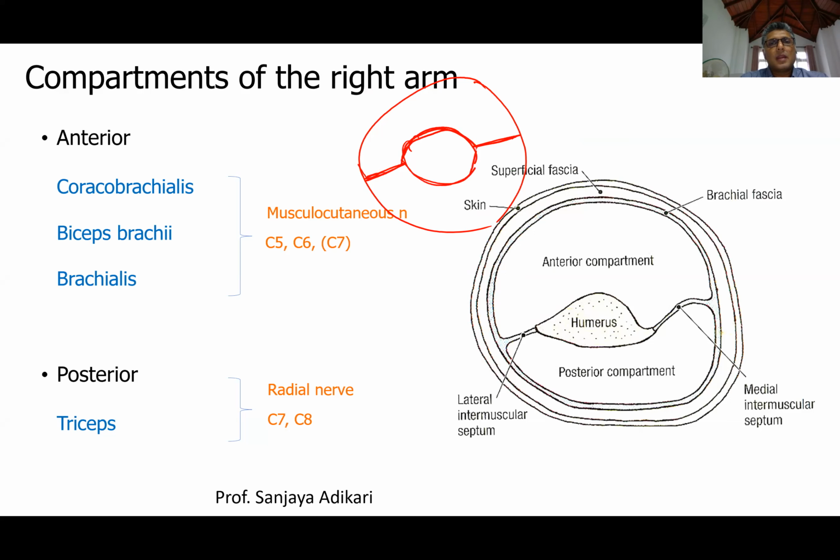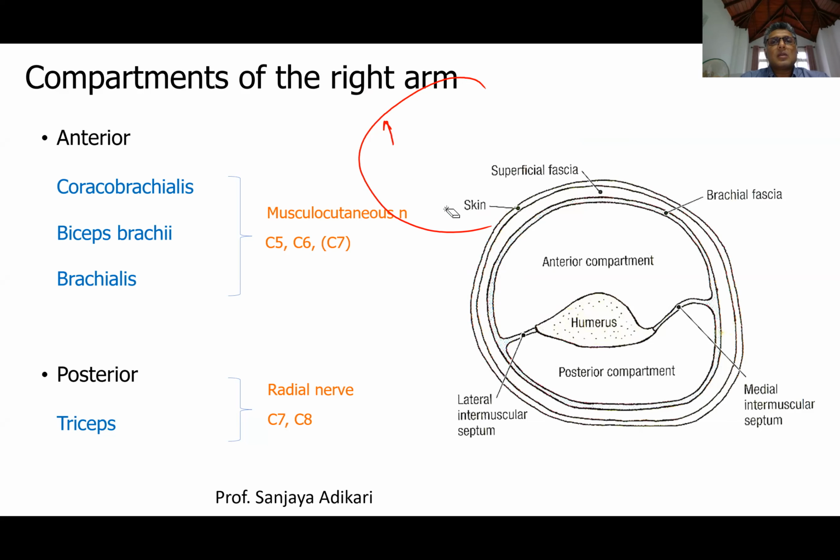So it's a very firm attachment. Some authors describe it as a continuation: the intermuscular septa continue inside as the periosteum and outside as the deep fascia. So it's a tightly closed space. That's why if you increase the pressure in this space, you give rise to compartment syndrome.